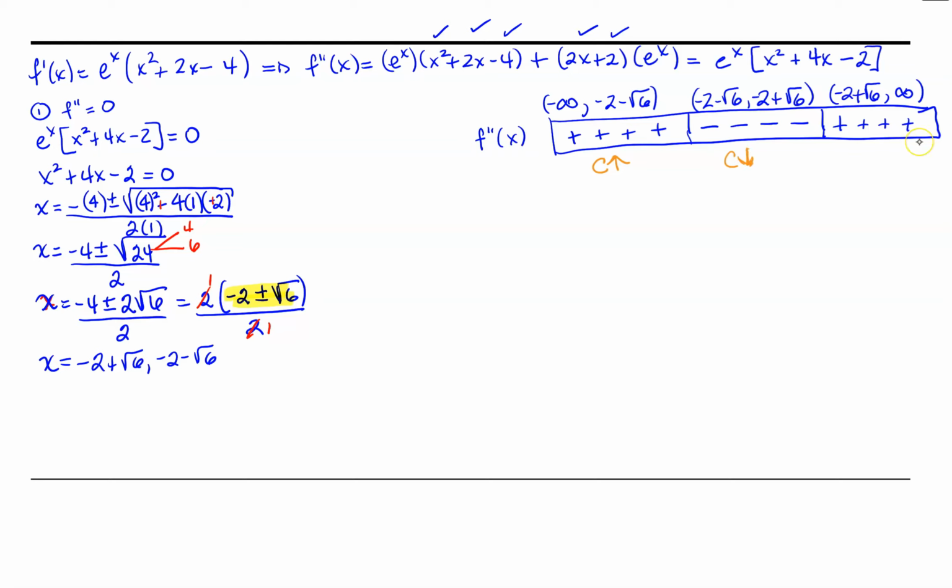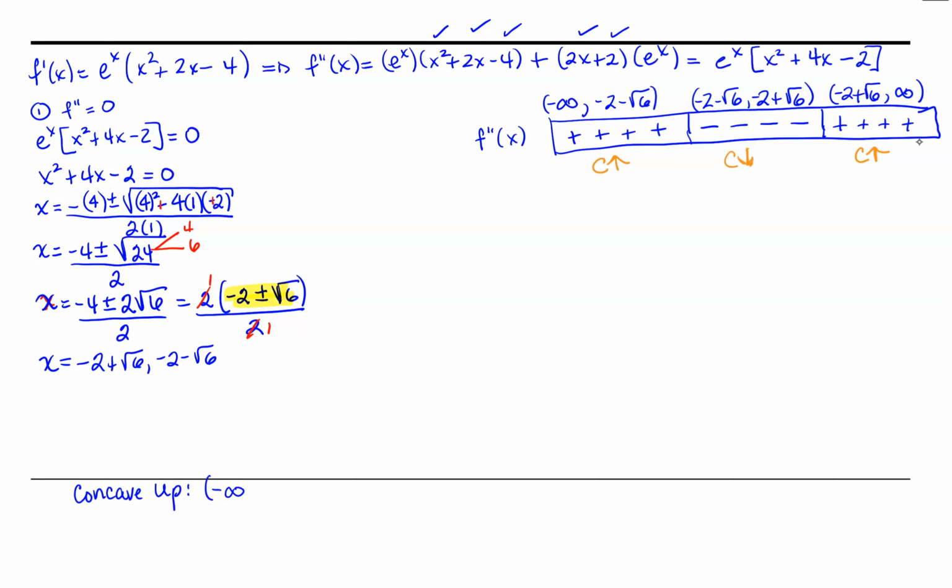And in our third interval, our second derivative is positive, so we know that the function is concave up on that interval.